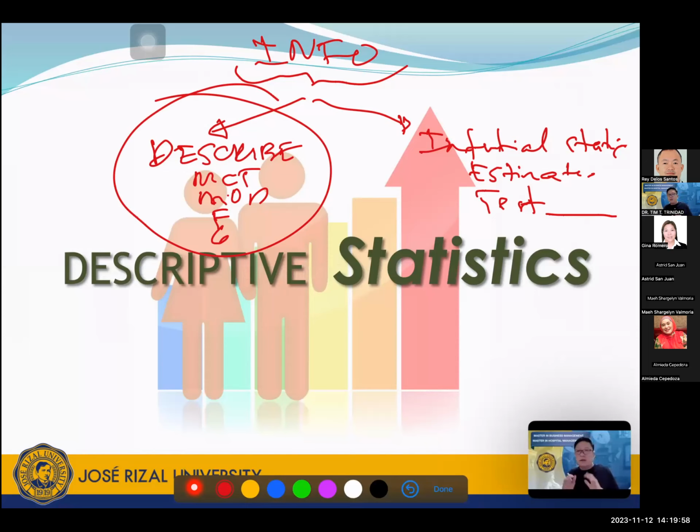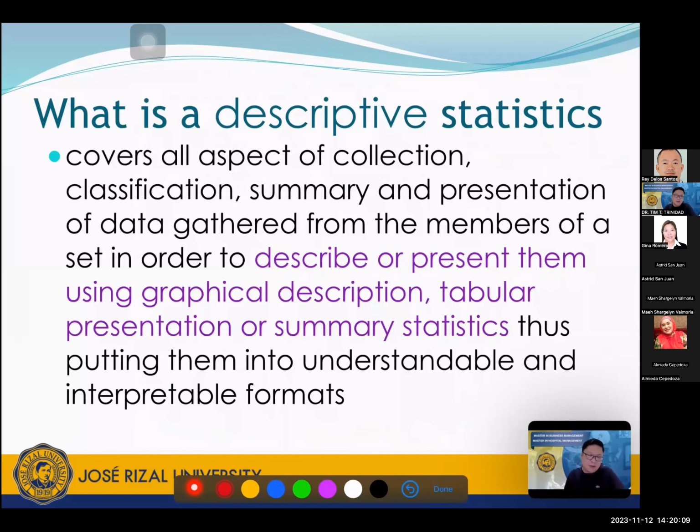Okay, so let's start with descriptive statistics, and then after talking about descriptive stat, papunta na tayo sa inferential stat. So for now, we will finish the descriptive statistics. So what is a descriptive statistics? This will cover all the aspects of collection, classification, summarizing, presentation of data that's gathered from the members of a set.